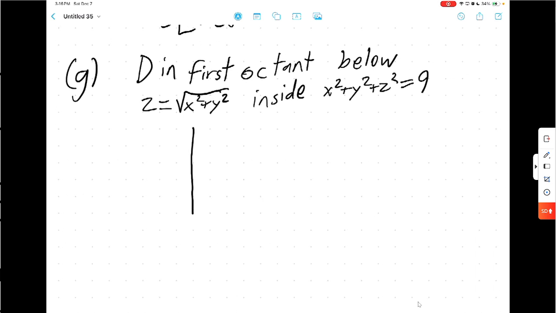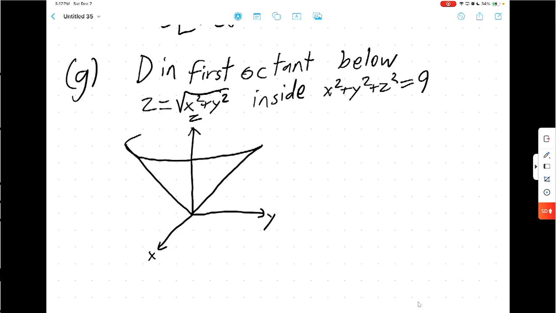So, the first thing we're going to do is just draw what this looks like. X, y, z. So z is equal to square root of x squared plus y squared is just going to be a cone. It's just going to go out something like this. And then somewhere along that, probably around here-ish, we're going to have some sort of sphere.